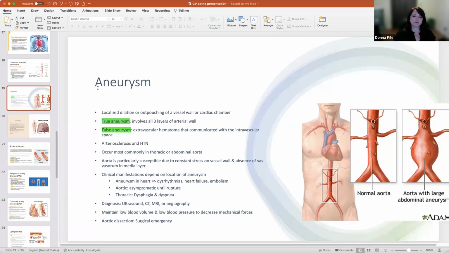This can be diagnosed with ultrasound, CT, MRI, or angiography. And it's important to maintain low blood volume and low blood pressure to decrease mechanical forces. If there is aortic dissection, this is a surgical emergency. And this diagram is showing the outpouching there of the abdominal aneurysm.